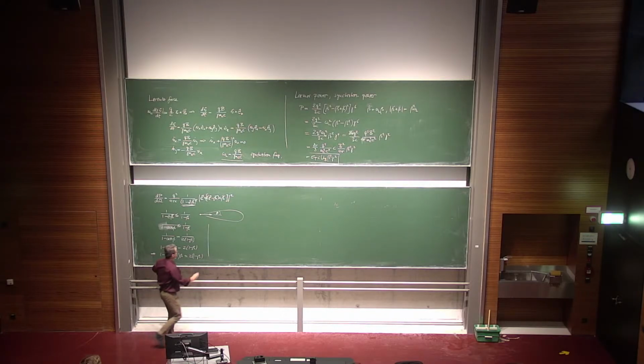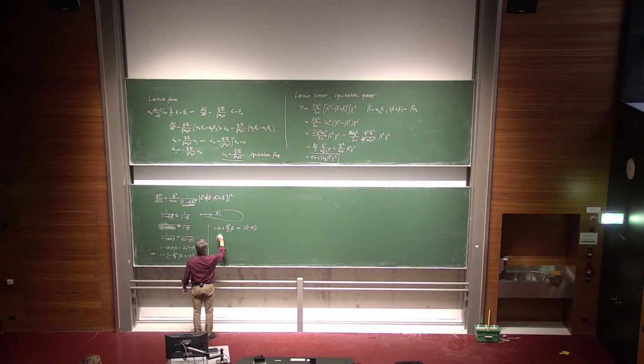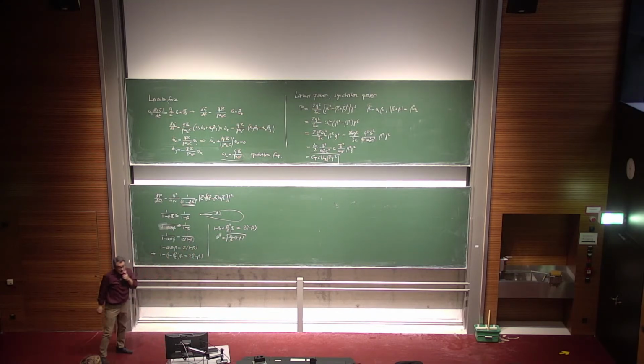So I get 1 minus beta plus theta squared over 2 times beta, which must be approximately equal to 2 times 1 minus beta. Or theta squared approximately equal to, I subtract 1 minus beta on both sides, and I get 2 divided by beta, 1 minus beta, square root. So that's an estimate for the angle theta.